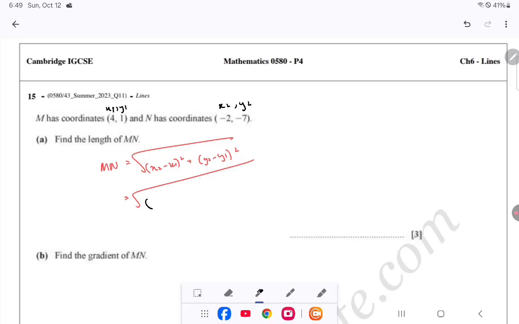The x2 is negative 2, the x1 is 4, squared, plus y2 is negative 7, y1 is 1.